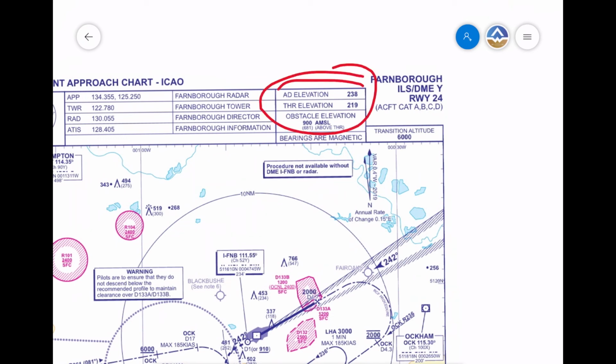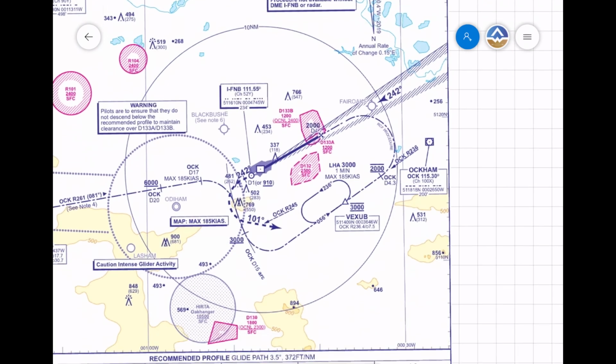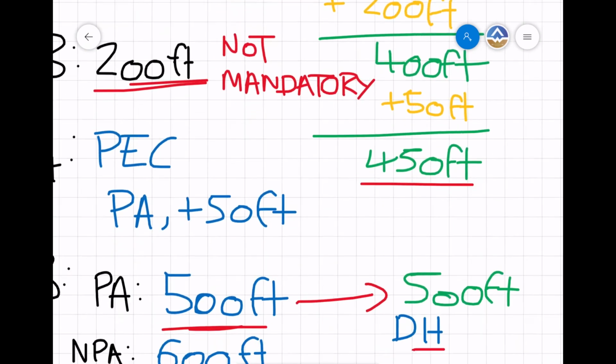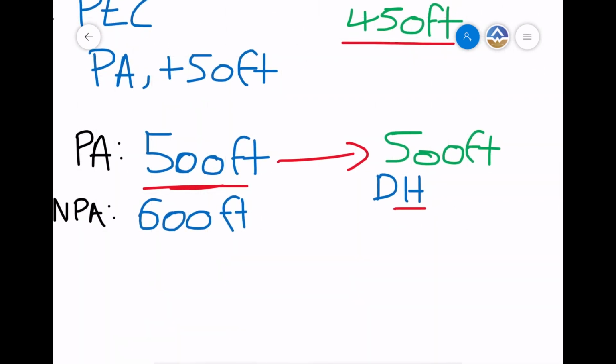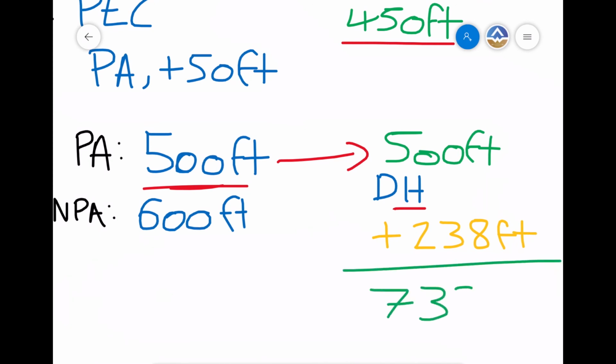We're interested in the aerodrome elevation up here, which in this case is 238 feet. All we have to do is add 238 feet to the decision height we've calculated, giving us 738 feet. This here is our decision altitude.